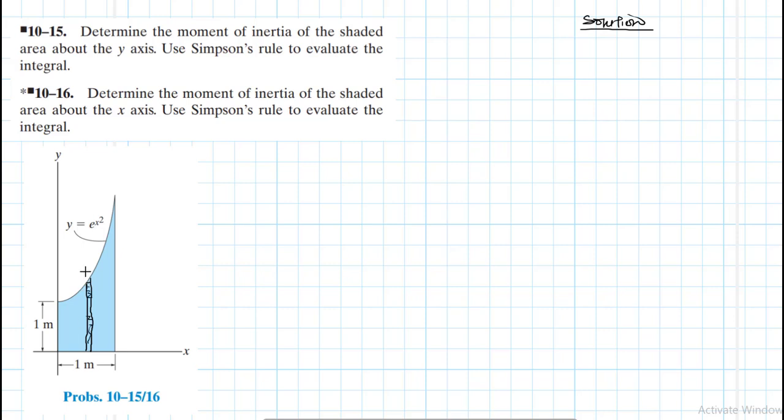So this is what we are going to do. This is our dx, and it intersects the curve at this point, which is our (x, y), and therefore this length here is our x, and this is going to be our y.